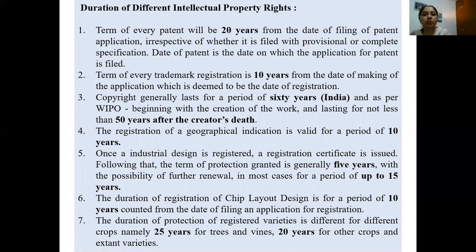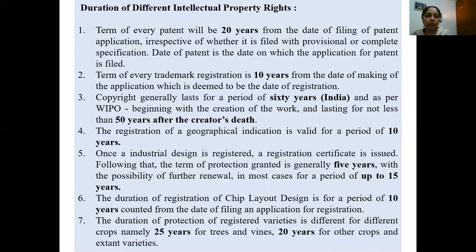Patents, 20 years from the date of filing of patent application. Trademark registration, 10 years from the date of making of the application. Copyright generally lasts for a period of 60 years in India. However, as per WIPO, beginning with the creation of the work and lasting for not less than 50 years after the creator's death. So there's a difference. The registration of a geographical indication is valid for a period of 10 years.